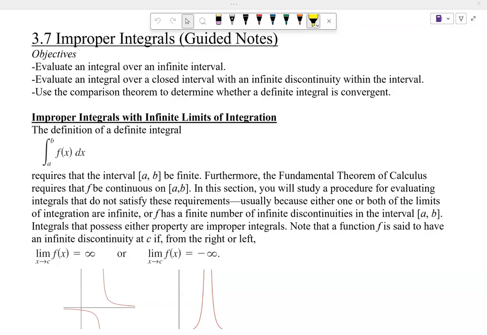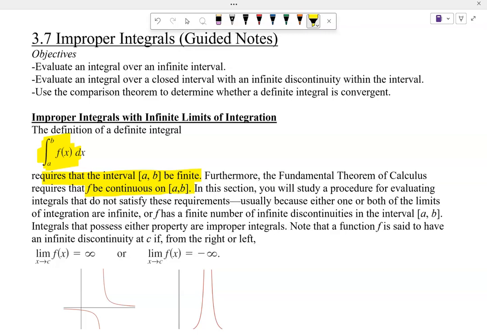Those are the objectives. If you remember a definite integral, from a to b, that required first that the interval be finite from a to b, and furthermore, the fundamental theorem of calculus also required that it be continuous.